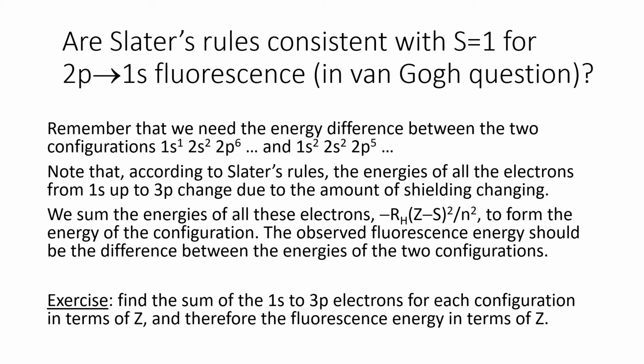And so if we can sum up all of those electrons up to 3p in the initial state and the final state, then the difference between those two total energies should be the observed fluorescence energy. So this is what I've done here. It's quite a bit of work actually. You've got to sum over lots of different terms, and you might like to have a go at this, but equally if you just can't face it, you could just skip to the next slide and I'll go through the answer with you.